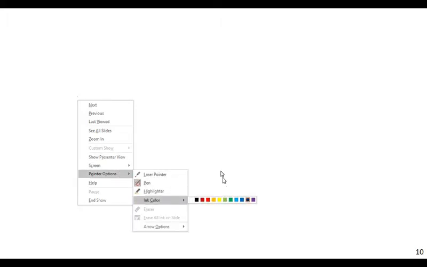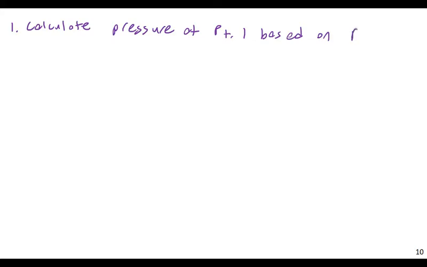First, I'm going to calculate the pressure at point 1 based on the pressure at A, or P gas.